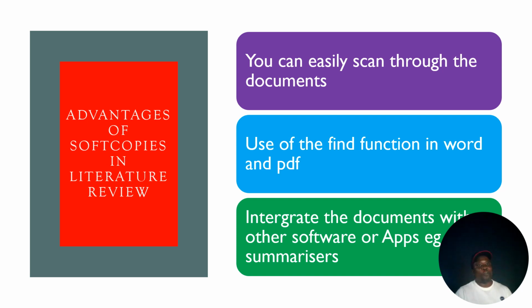If you don't want to do that, you can use the find function, whereby you type the keyword in a document and all the matching words come up. If there is no such word, it tells you so, and immediately you can put it away, because you don't want to waste time reading an article that does not have the information that you're looking for.